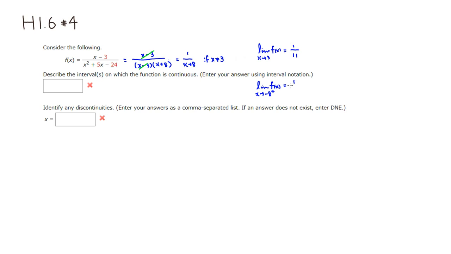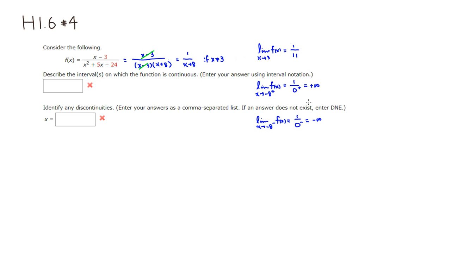Then you have 1 over negative 8 plus 8, which would be 0, but it's approaching from the positive side. So this would go to positive infinity. And if you approach from the negative direction, x approaches negative 8 from the left, you can see that this is going to be 1 over 0, but from the negative side, so this is going to go to negative infinity.